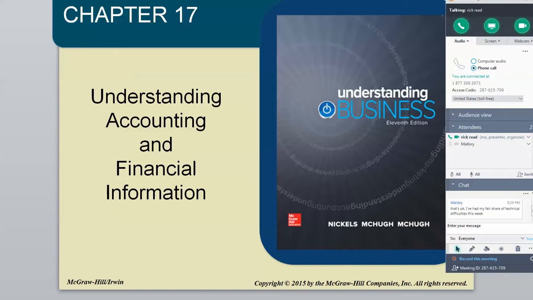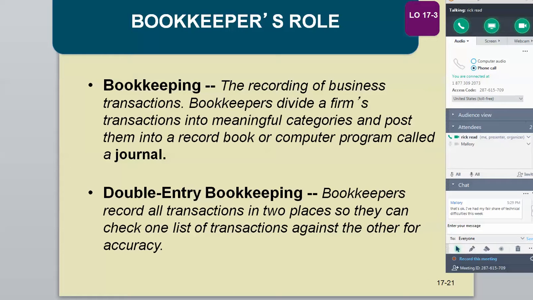We talked about the accounting cycle and the 6 steps in the accounting cycle, which you can see at figure 17.4 on page 480. We have a bookkeeper, and we need to look at the bookkeeper's role in the accounting process.